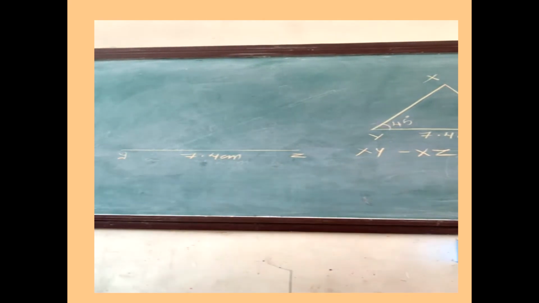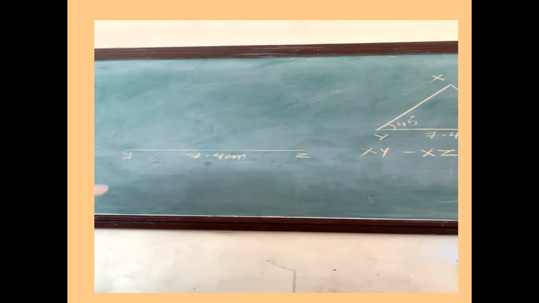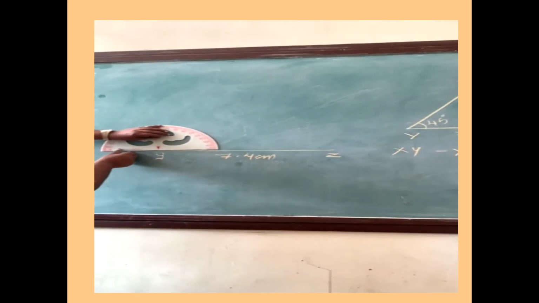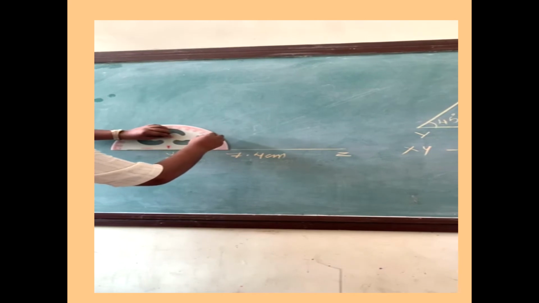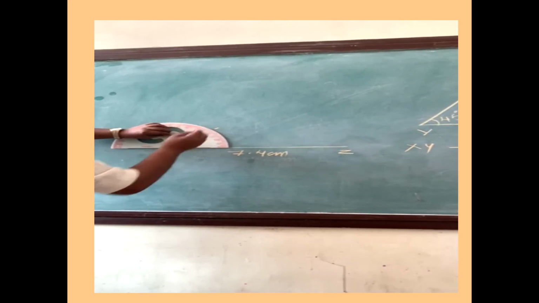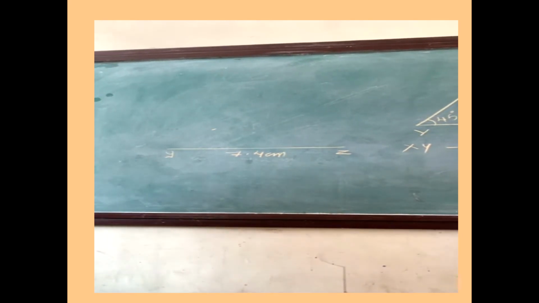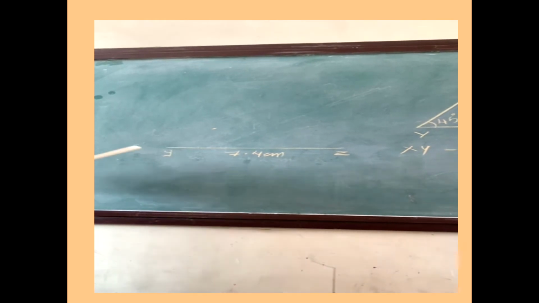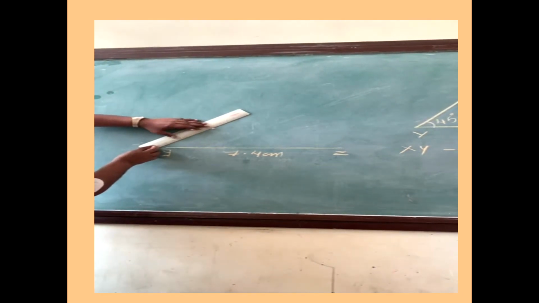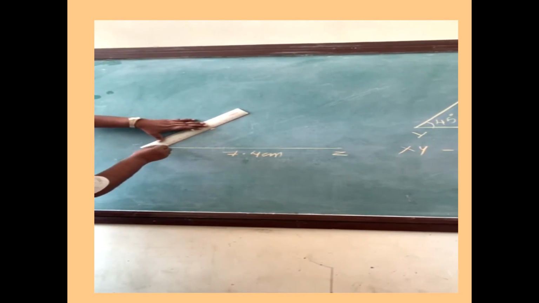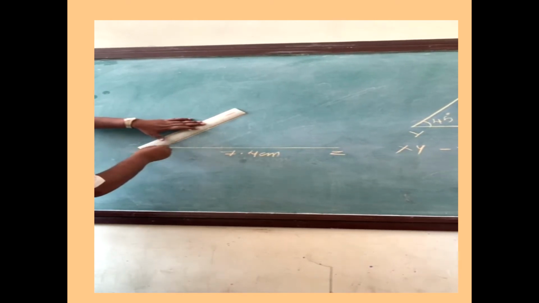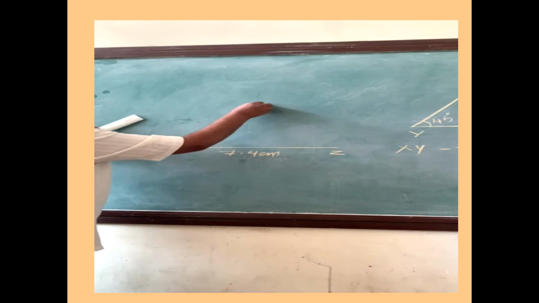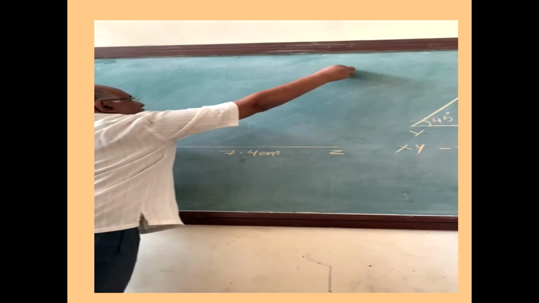Now we will take a protractor as we have done before. At Y we will make a 45 degree angle, and draw a ray passing through Y and the point. Extend it for your convenience.